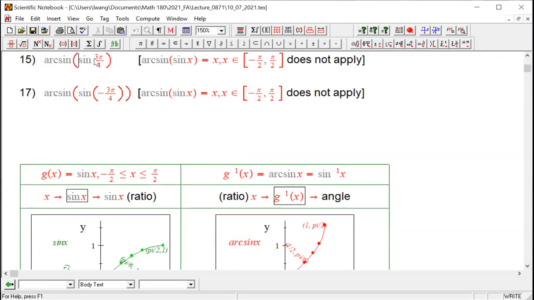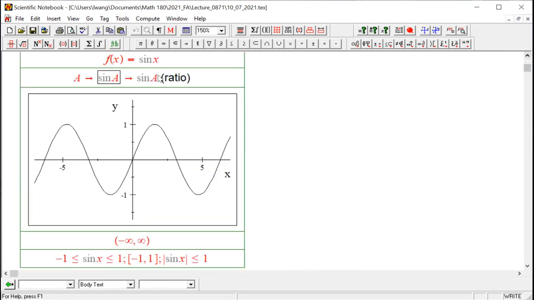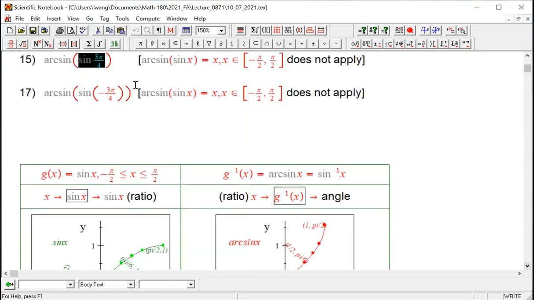No, this is perfectly defined. Because whenever sine is mentioned, we always refer to this sine. Domain is all real numbers. 3 pi over 4 is one of the numbers in all real numbers. It's perfectly defined.